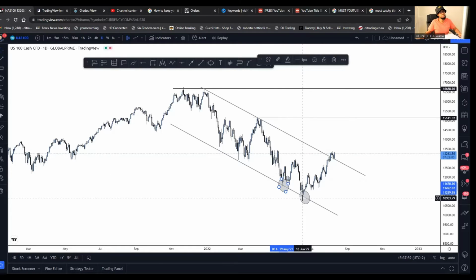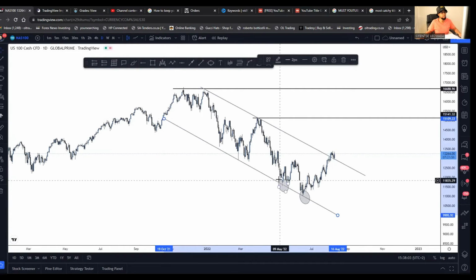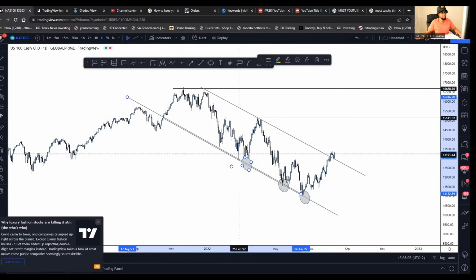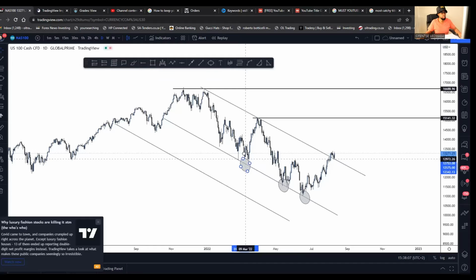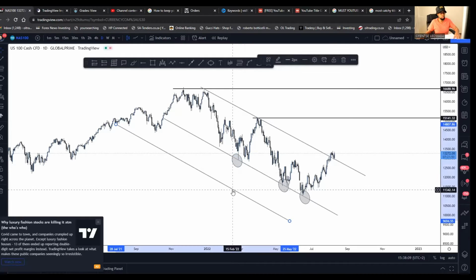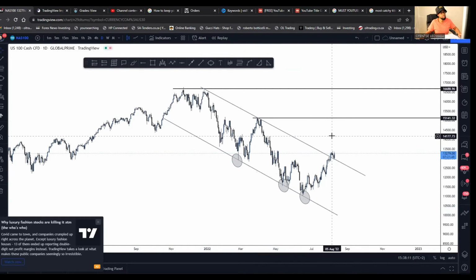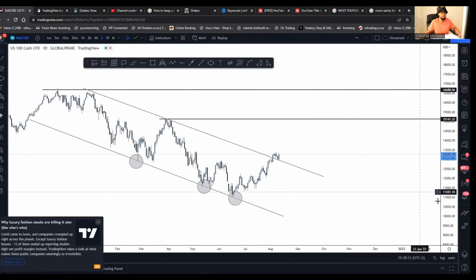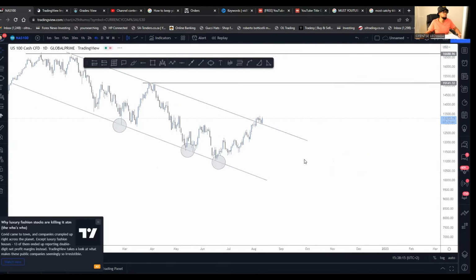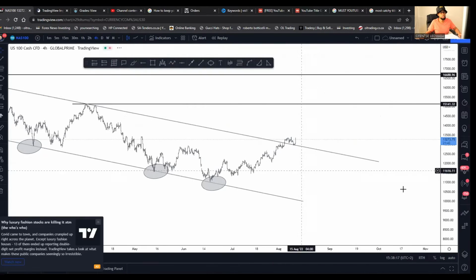You can see the touch here emphasizes that, and you can see it pushed. So now you know that you go to the 4 hour.